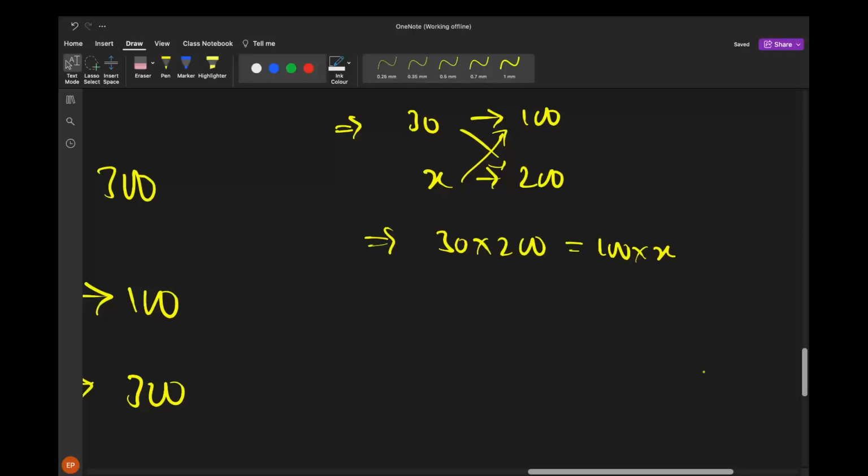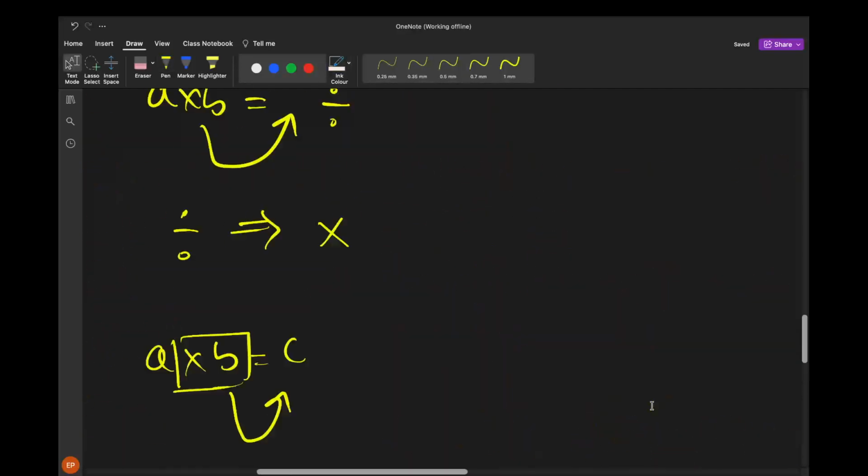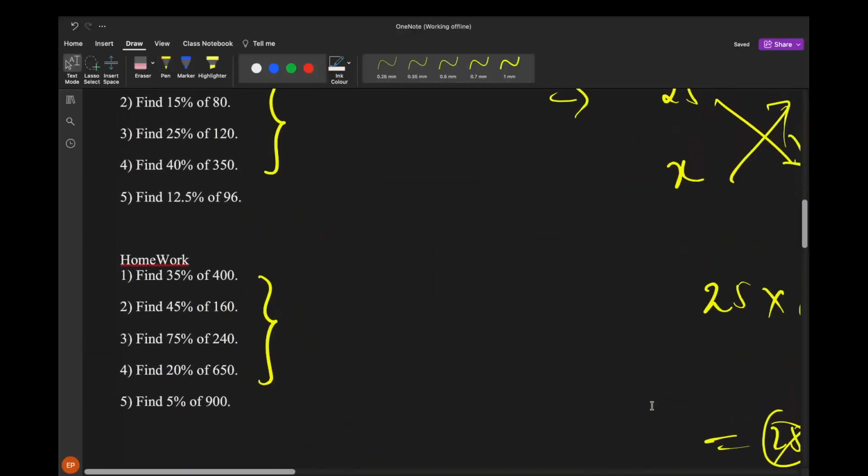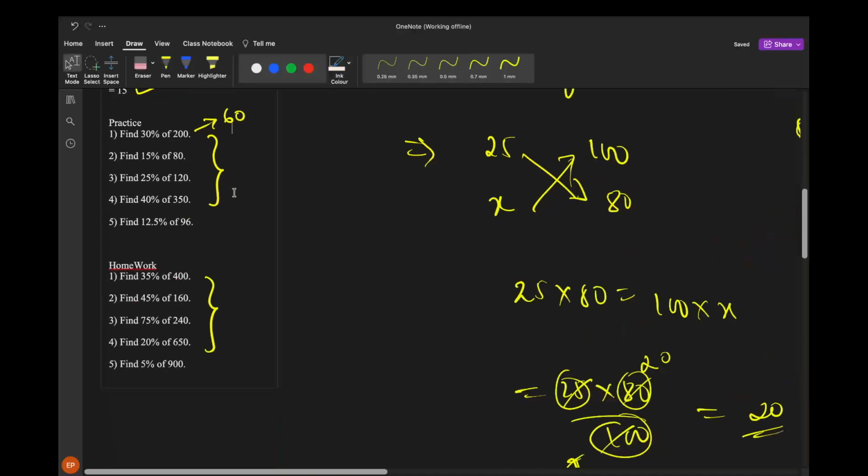That's it. Then basically x remains here, 100 comes here, 30 into 200 divided by 100, the 0s cancel, 3 twos are 6, so 60. That's it. So 30% of 200 is 60.